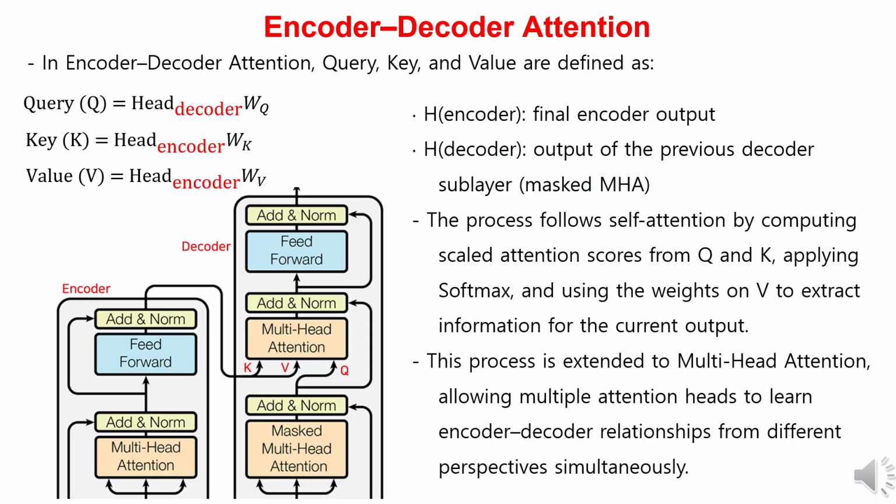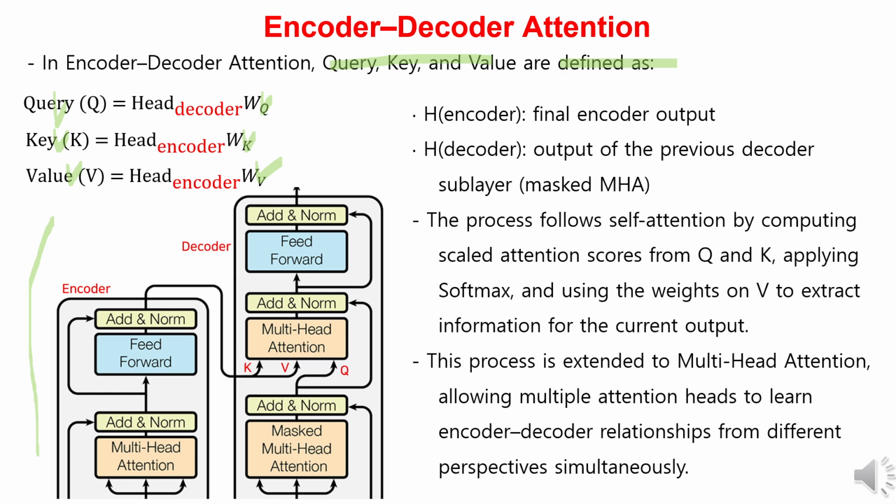Now let's take a closer look at how the query, key, and value are constructed and computed in encoder-decoder attention. As shown in the figure, the sources of the query, key, and value are different in encoder-decoder attention. While the process of generating Q, K, and V by multiplying each input with its own learnable weight matrix is the same as in self-attention, the key difference lies in where these inputs come from.